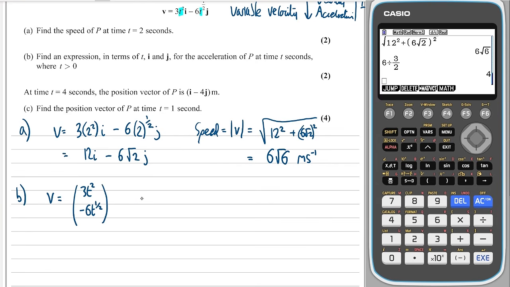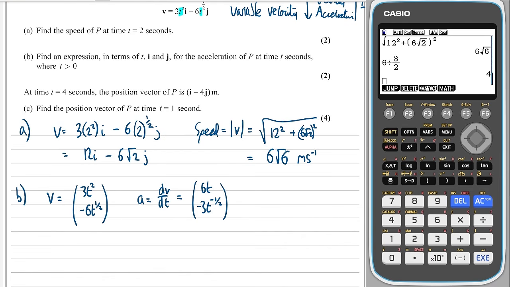Okay, so in order to work out the acceleration, we differentiate the velocity down. So this is going to give me 6t, and a half times 6 is 3, so it's minus 3t to the minus 1/2. And it's absolutely fine to leave your answer like that.